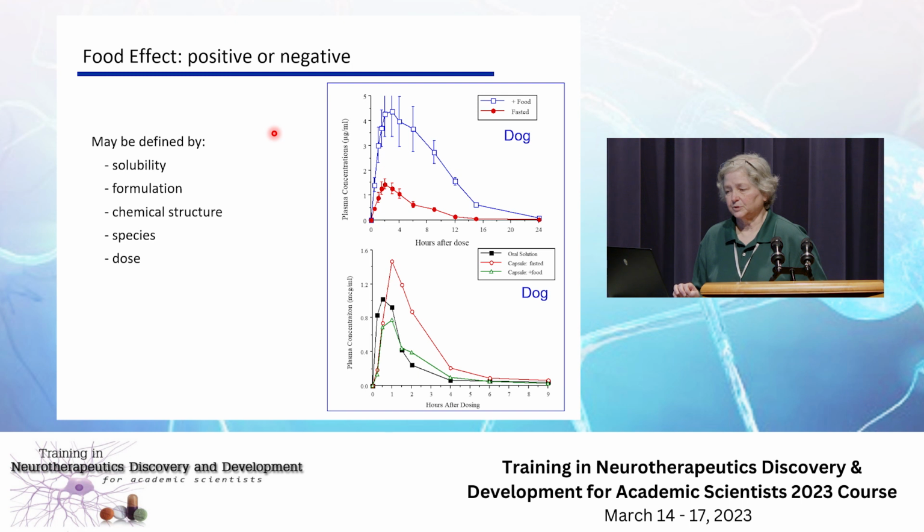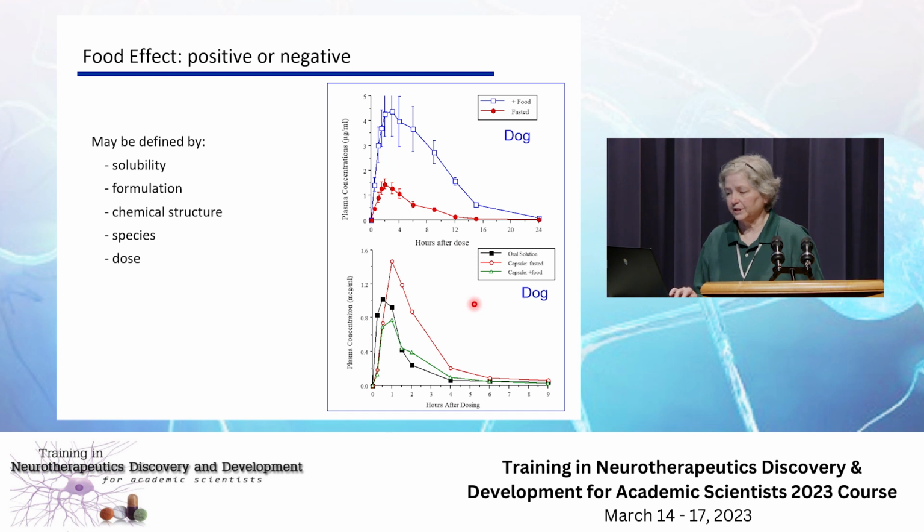It's also quite possible to have food effects. The food effect may be related to the physical-chemical properties of the compound. The example at the top is a lipophilic compound that has poor solubility, but when it was dosed with food, we got about a 5-fold increase in the AUC. Maybe this can be overcome with formulation, but at least with this formulation, there was a large food effect.